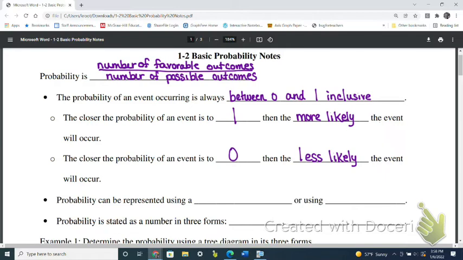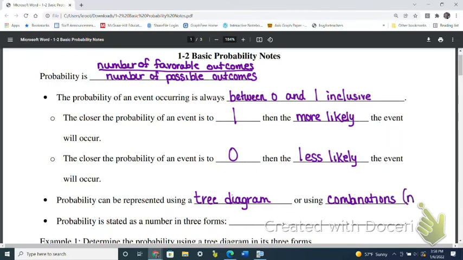Probability can be represented using a tree diagram, or using combinations. And we will use combinations when we are selecting more than one.